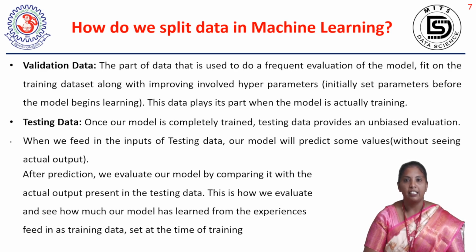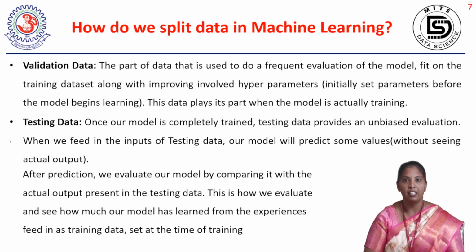Next one is testing the data. This is the third part. This is the actual part where we test whether the prepared machine learning model is performing well or not. Testing the data means our model is completely trained. Testing data provides an unbiased evaluation.